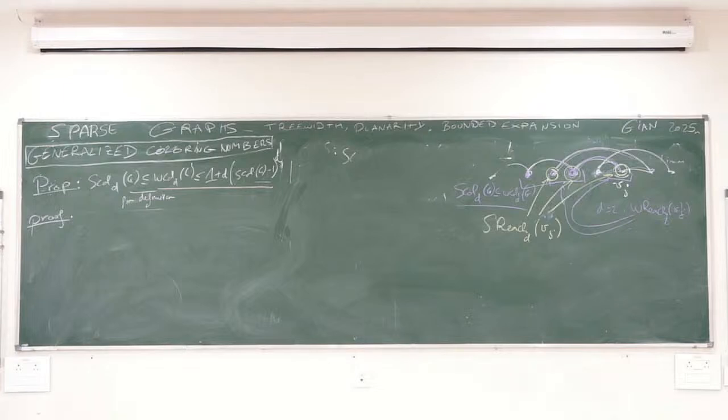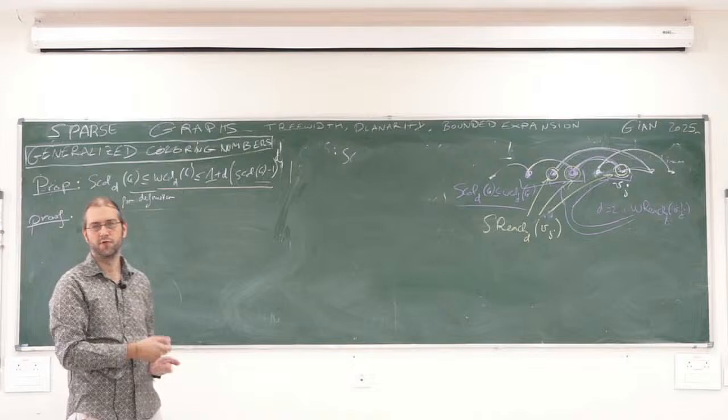So what we are going to do, we are going to prove this for every sigma, sigma being an ordering. If we prove it for every sigma, it will also be proved for the optimum one.